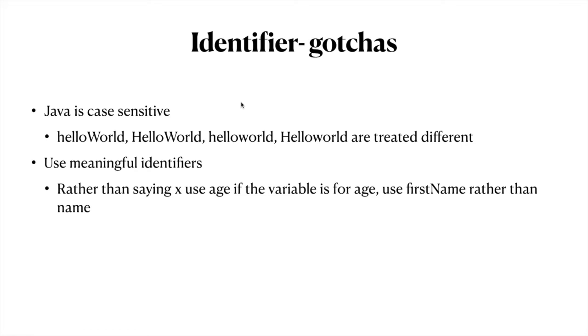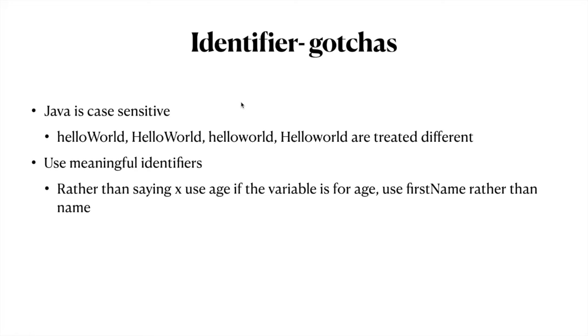We can call it X. The programming language or the compilers do not mind if we call it X, but when we come back to look into our program, it will be very difficult to understand what we are representing with the value of X. So it's better to define it as age.